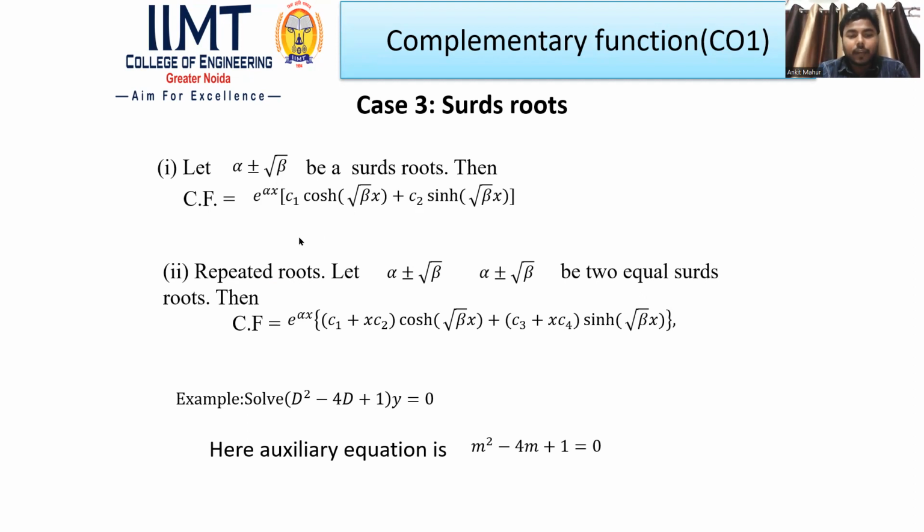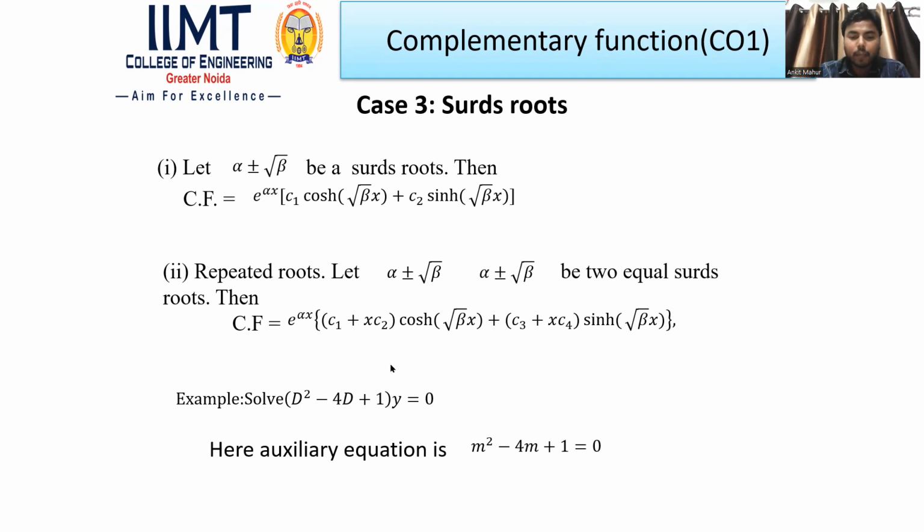When roots are repeated, let α ± √β and α ± √β be two equal pairs of roots. Then CF is e^(αx) [(C1 + C2 x) cosh √β x + (C3 + C4 x) sinh √β x], where C1, C2, C3, C4 are all arbitrary constants.